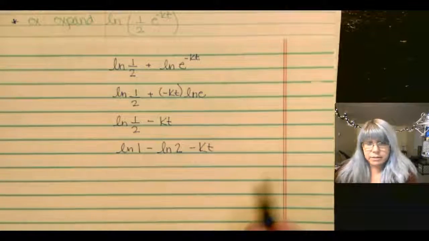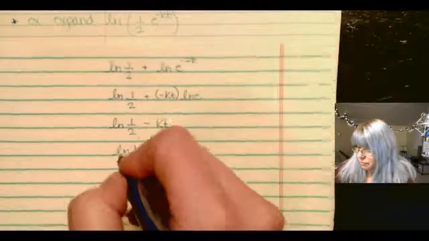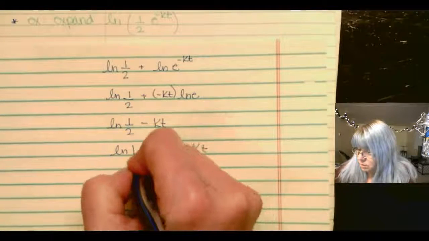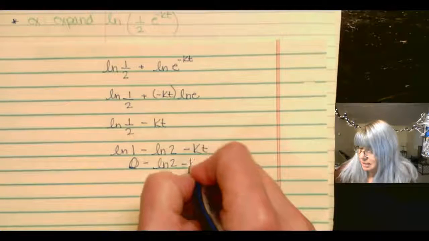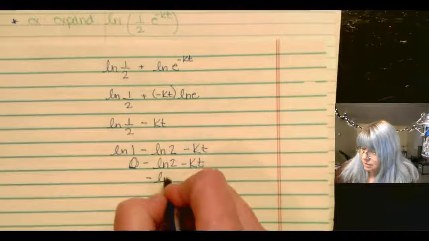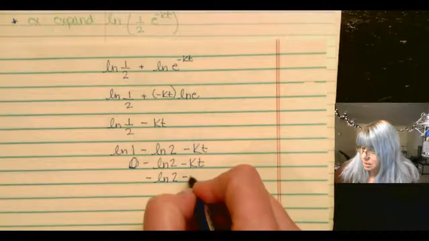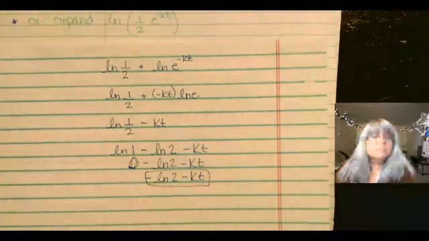I'm almost done. The ln of 1 is 0, so I have 0 minus the ln of 2 minus kt, and all of that is negative ln of 2, which is a number, minus kt, but I'm going to leave it like that.